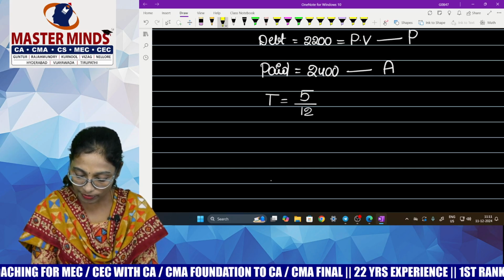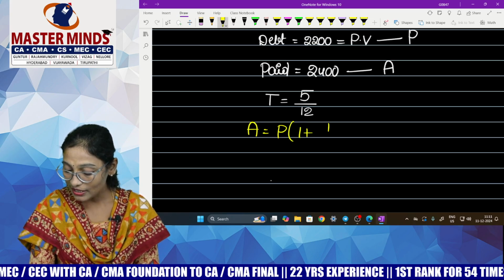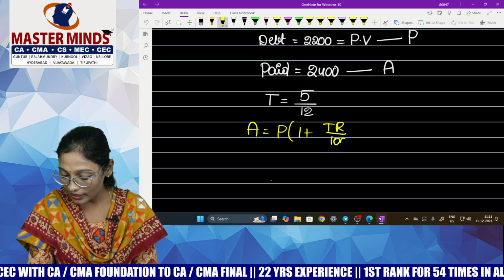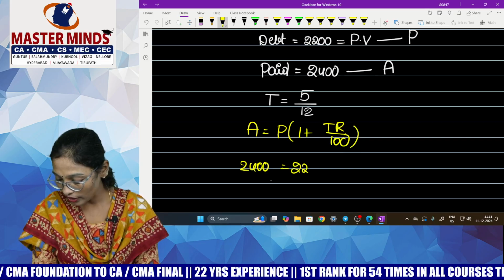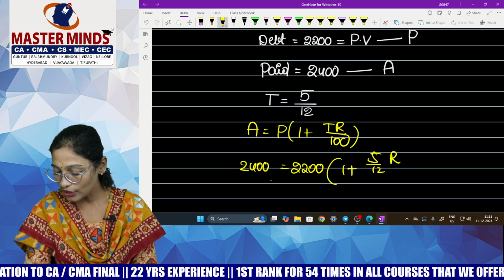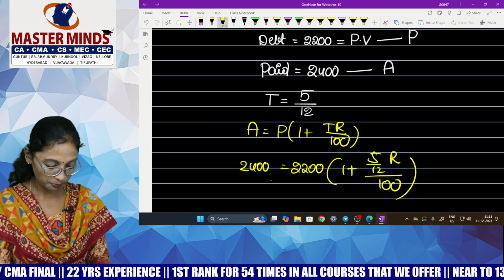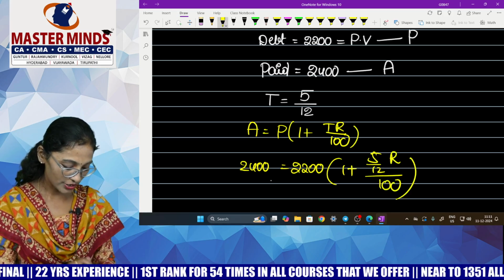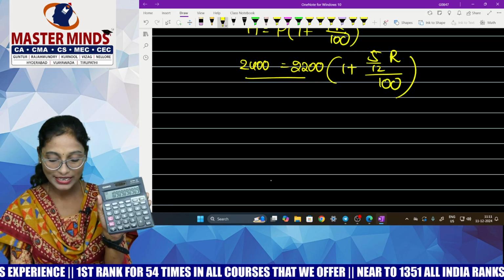What is the formula for amount? A equals P of 1 plus TR by 100. A value 2,400. Principal 2,200 into 1 plus time duration 5 months into R by 100. Take your calculator. 2,400 by 2,200. What is 2,400 by 2,200? 1.0909.